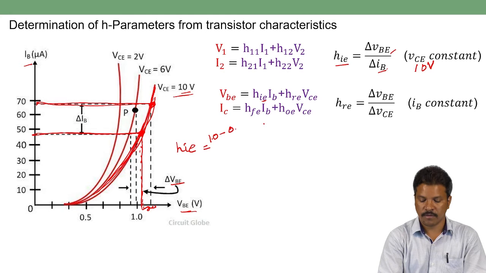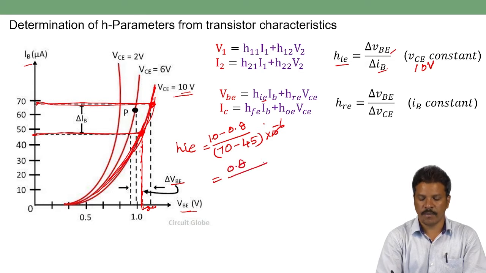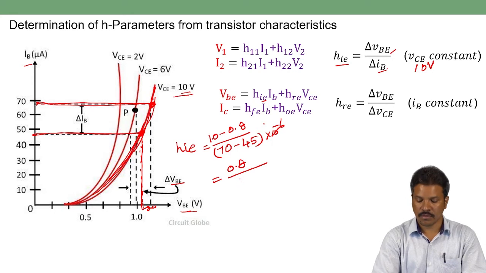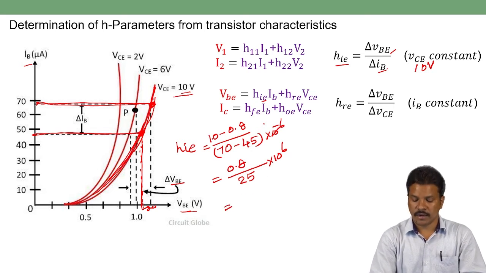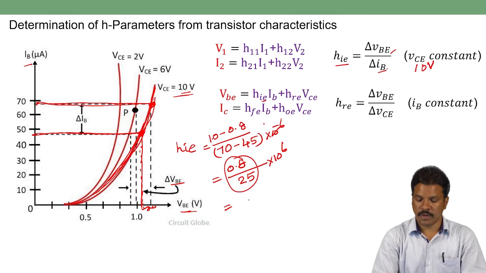(1.0 minus 0.8) divided by (70 minus 45) into 10 to the power of minus 6. So we can take 0.8 divided by 25 into 10 to the power positive 6, so that the value is represented in kilo ohms.